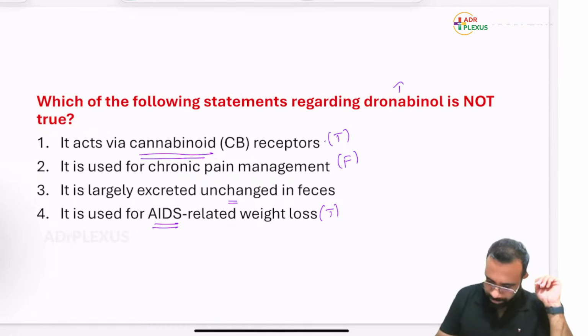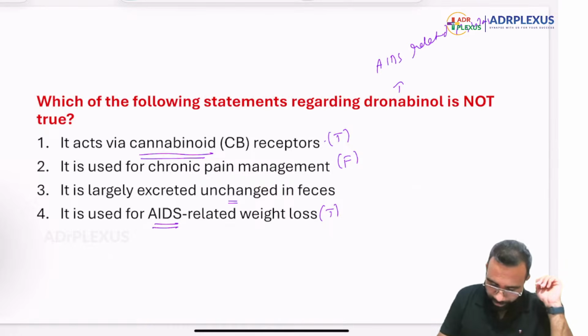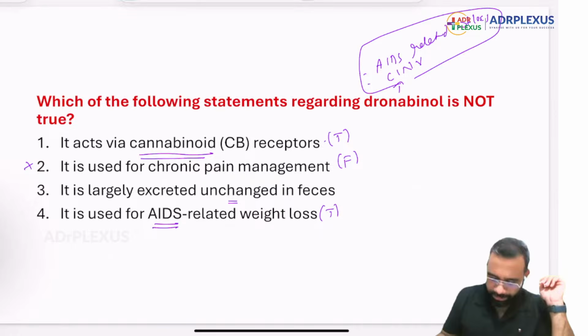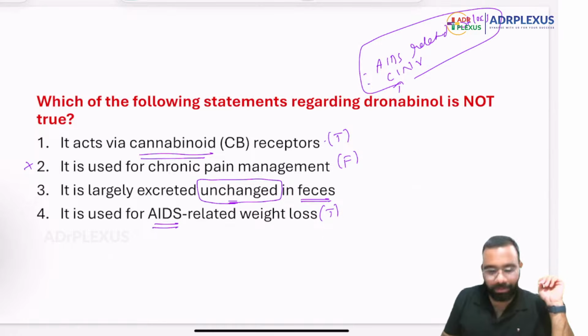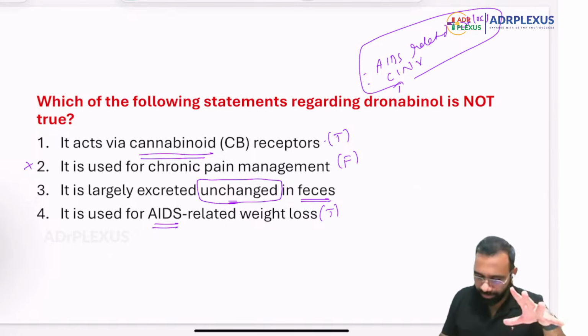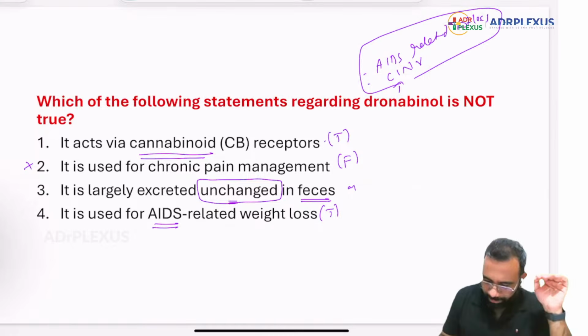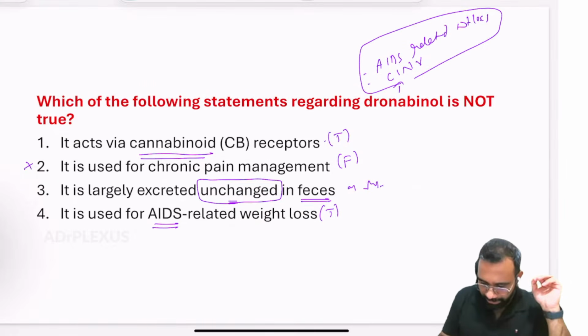This is useful for AIDS-related muscle wasting or weight loss, and it is useful for chemotherapy-induced nausea and vomiting. These are the two indications. Definitely, this is not an indication. It is excreted in the feces, that is true, but this unchanged part, I'm not sure about. It is excreted in the feces as a metabolite, but I'm not sure about the unchanged part.